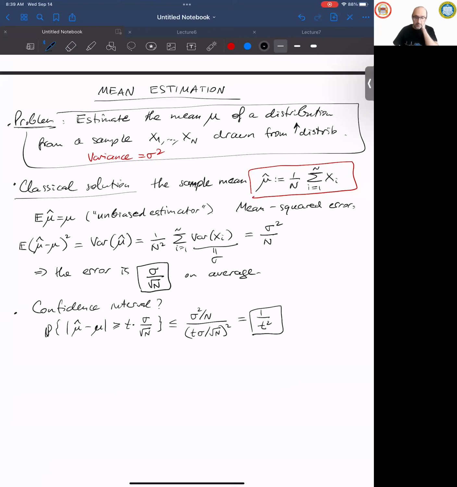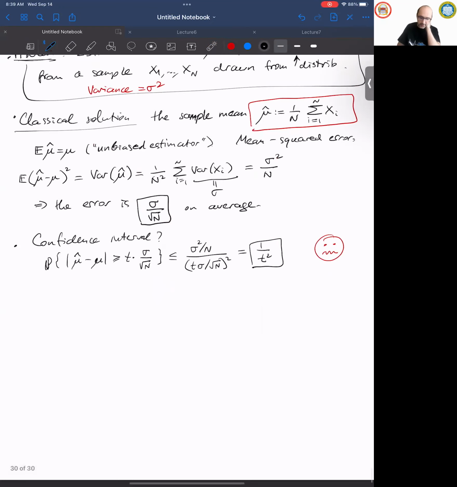So for example, if I ask, what's the probability that the error is 3 times higher than the average? Chebyshev's inequality says the probability of that is 1 over 9. Is that good? Not really. It's not so bad, but it's like 1/9. Can we do better?